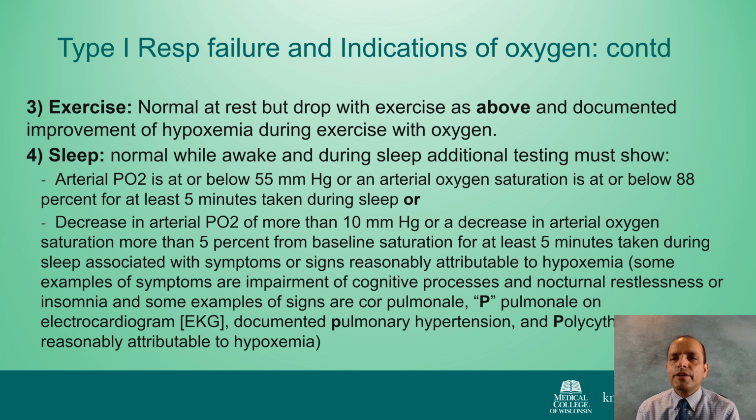And as we already talked about, if somebody has a feature of chronic hypoxemia, like pedal edema, P pulmonale, or polycythemia, the number in these folks becomes 89 rather than 88 of pulse ox. And similarly, PO2 becomes 59 or less for qualification of oxygen.